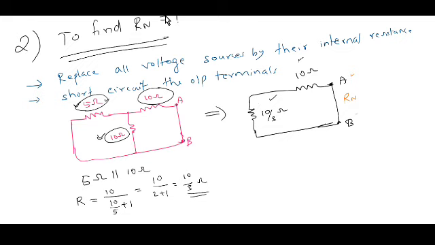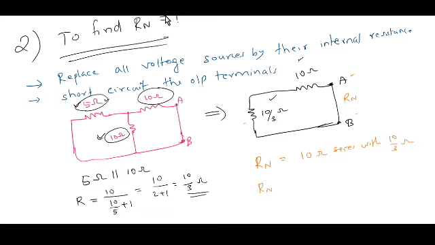That is the effective resistance between the terminals A and B after removing all the voltage sources by their internal resistance and also by short circuiting the terminals A and B. Here this Rn we can write, that is the 10 ohm, that is in series with the 10 by 3 ohm.